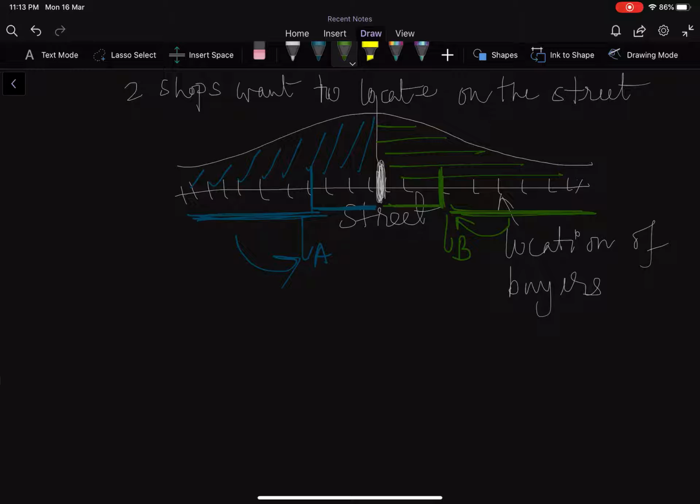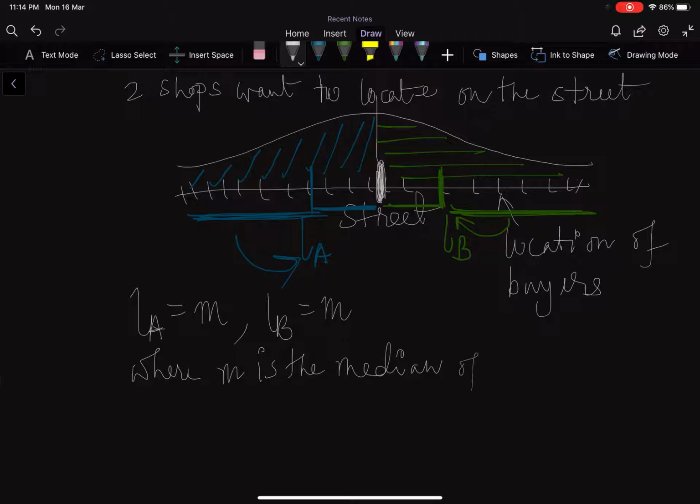Applying the same logic as the median voter theorem, you can show that both shops locating themselves at the median of the buyers' location distribution, so LA equals M and LB equals M, where M is the median of the buyers' location distribution, is the Nash equilibrium.